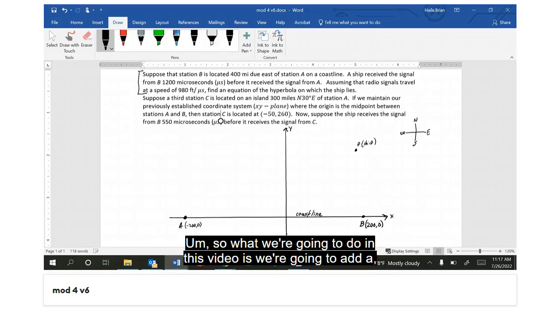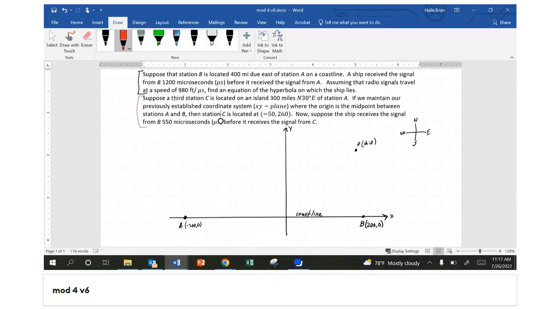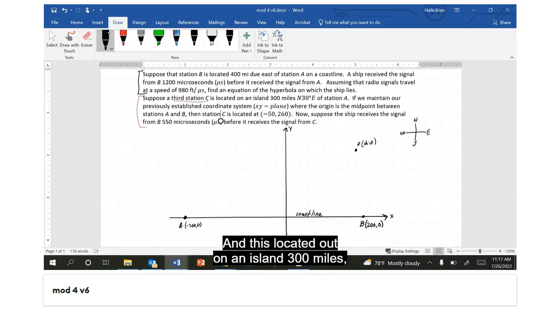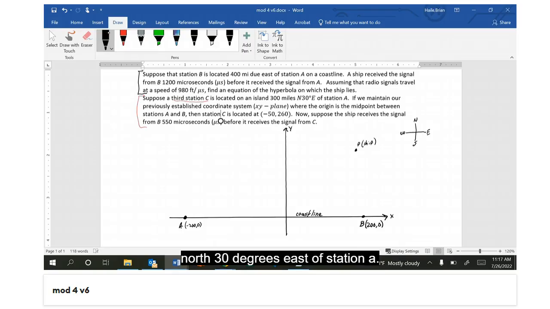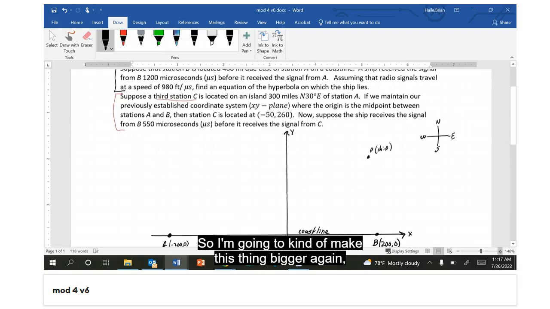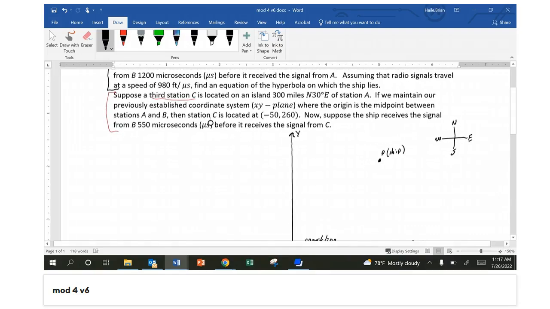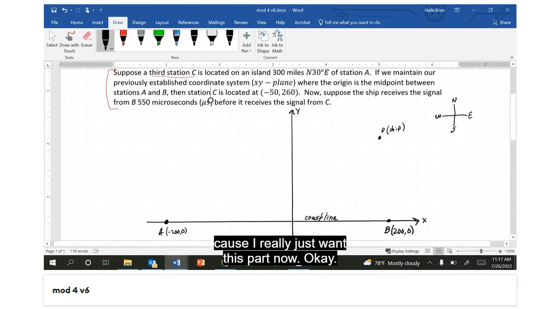So what we're going to do in this video is say, okay, now we've got a third station here, located out on an island, as it says, 300 miles northeast, north 30 degrees east of station A. I'm going to make this bigger again, because I really just want this part now.